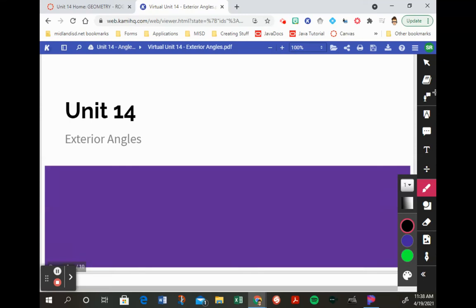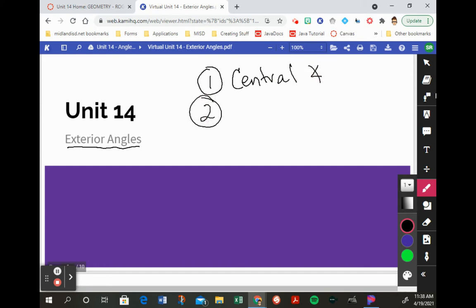Hi folks, it's me, Miss Rogers, and once again we're talking about circles, and this time we're talking about exterior angles. So we have talked about central angles. Number 2, we talked about inscribed angles.